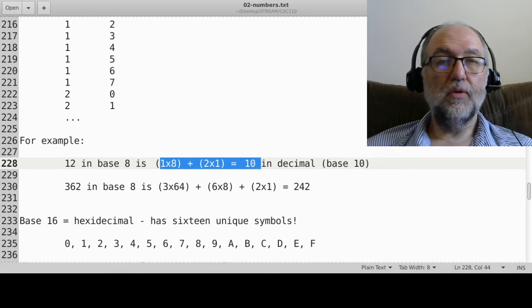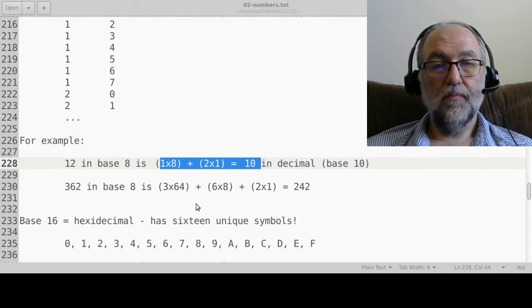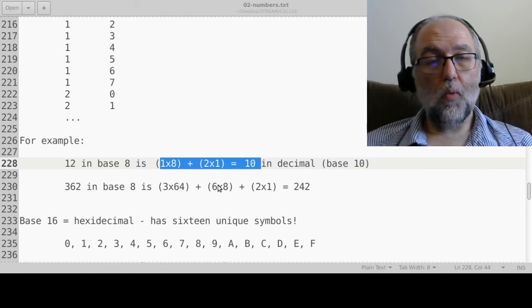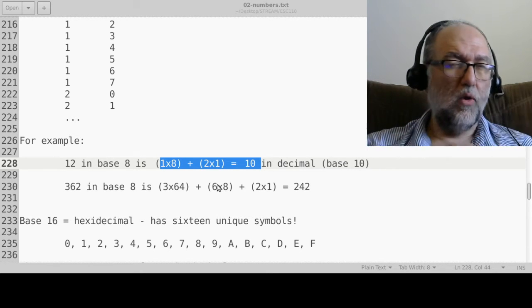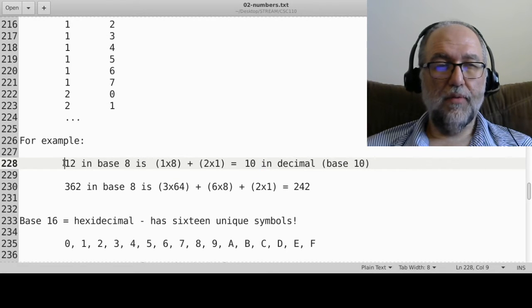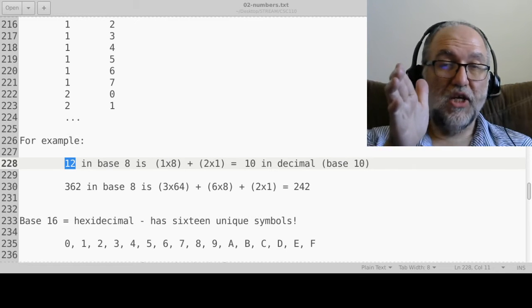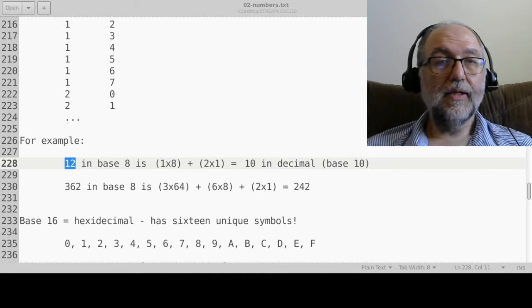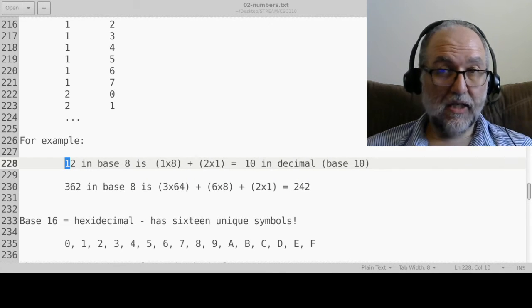If you add that together, that gives you the number 10 in base 10, or decimal. It might be a little confusing, and like I said, we won't work in octal, but the symbol 2 has its interpretation because it's in the ones column, and the symbol 1 has its interpretation because it is in the eights column.